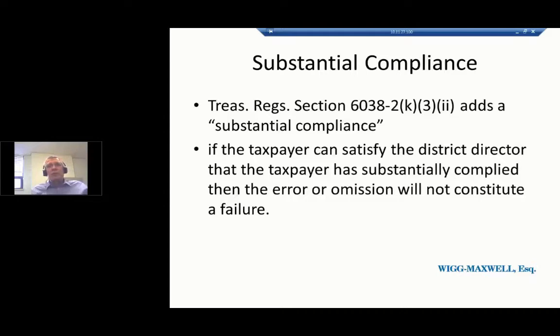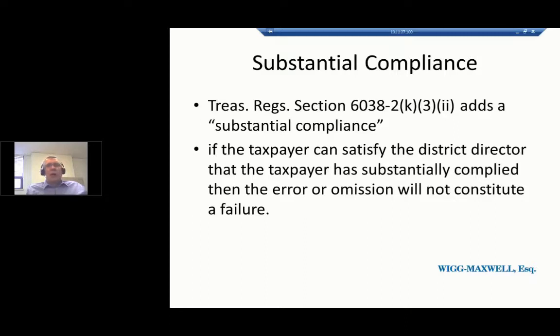So if there are omissions from a return you might have filed on a timely basis, you get to argue under a special section of the regulations that the omission was not meaningful in some fashion, that it did not affect the amount of tax due, or it was incidental to the amount of tax and would have been discovered, so the omission was not putting the service in a problem situation.